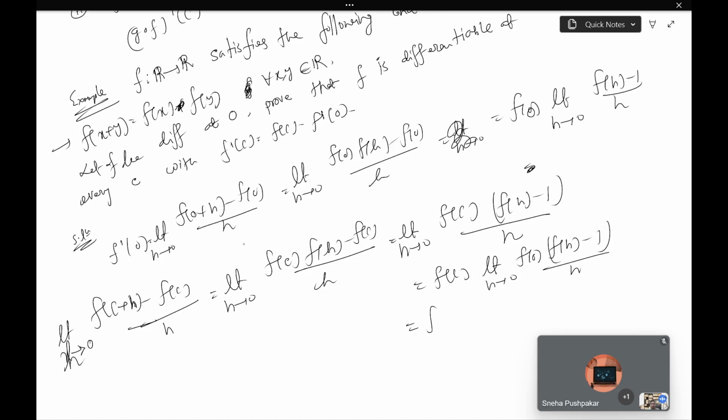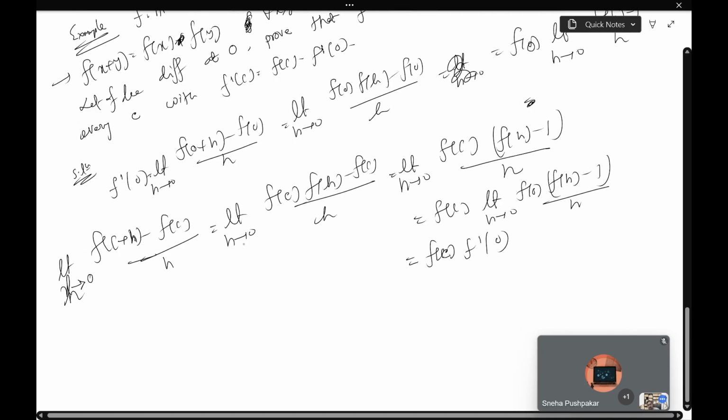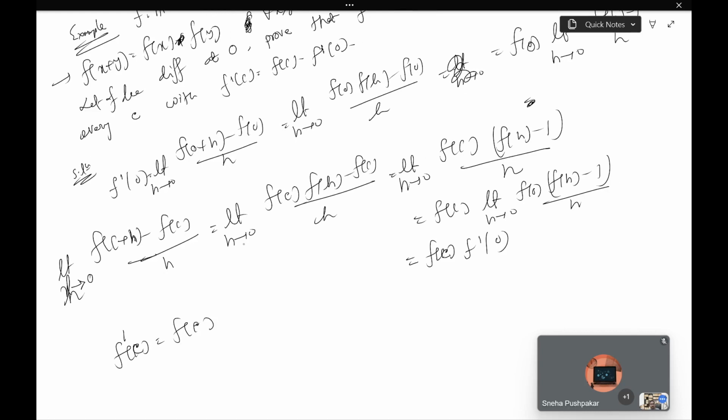So this is f of c into f dash zero. So this tells that f dash c is equal to f of c into f dash zero.